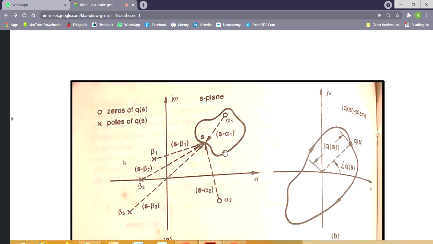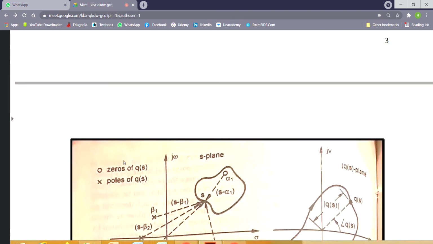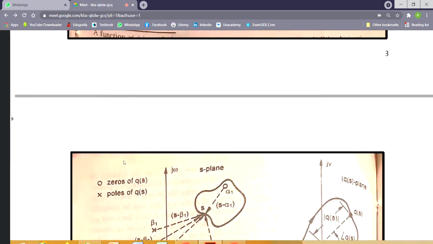Hence, the angle will be negative. If we were moving in the counterclockwise direction, the angle would be positive. Now, net change in angle of QS is equal to minus 2 pi.